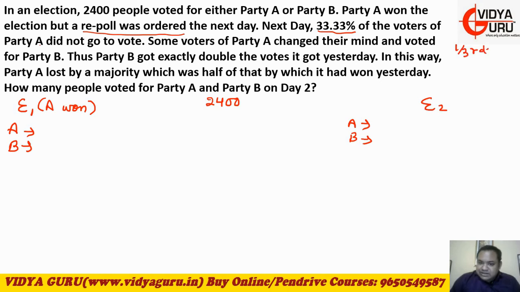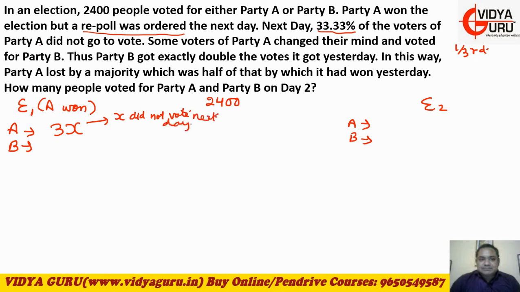So we assume comfortable values that today 3x voters have voted for A. So next day 1/3 of them will not go to vote at all. So x did not vote next day.